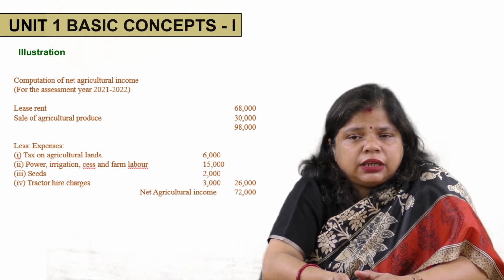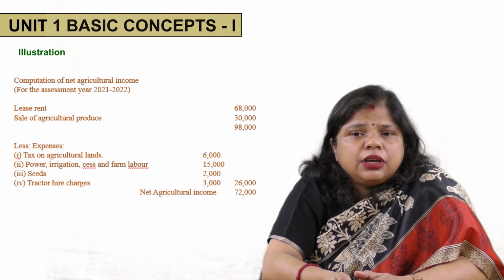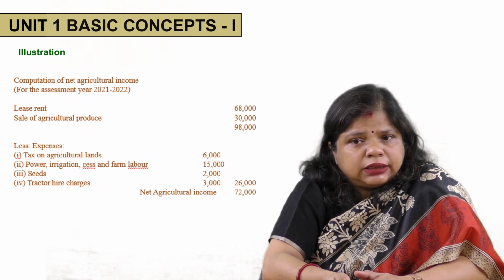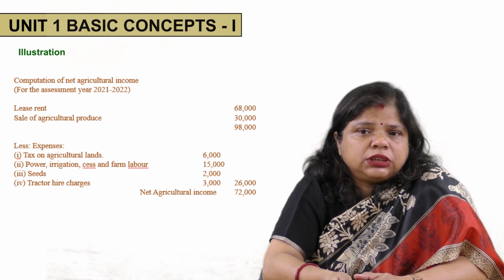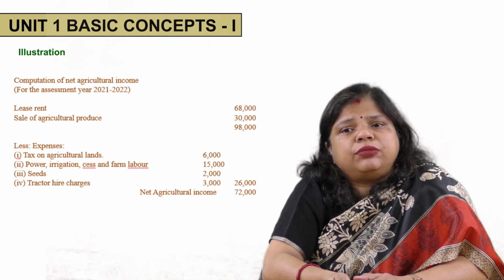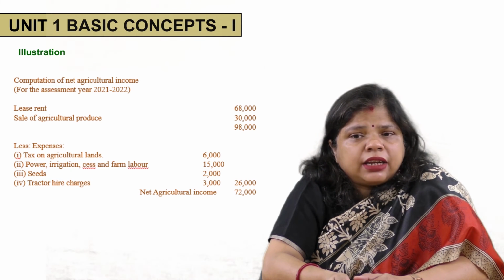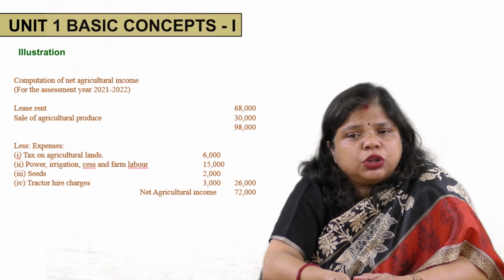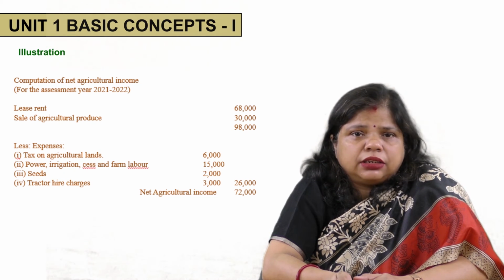From this agricultural income, we have to deduct the expenses: tax on agricultural land 6,000, power irrigation cess farm labor 15,000, seeds 2,000, tractor hire charges 3,000. So, total 26,000 we have to deduct from the agricultural income, that is from 98,000. So, net agricultural income is 72,000. This agricultural income is exempt from tax.